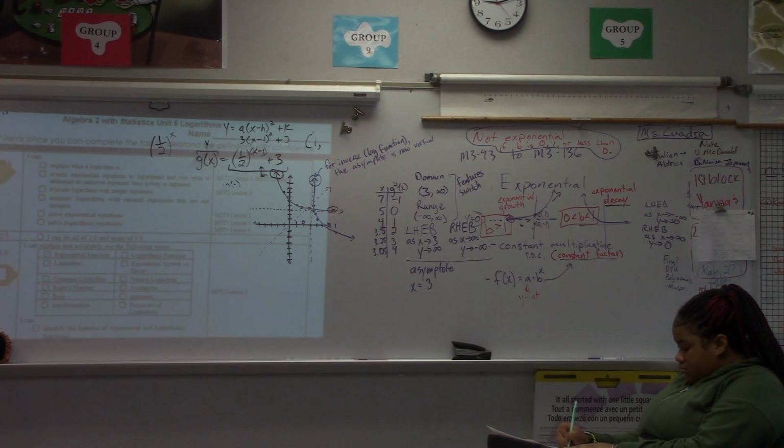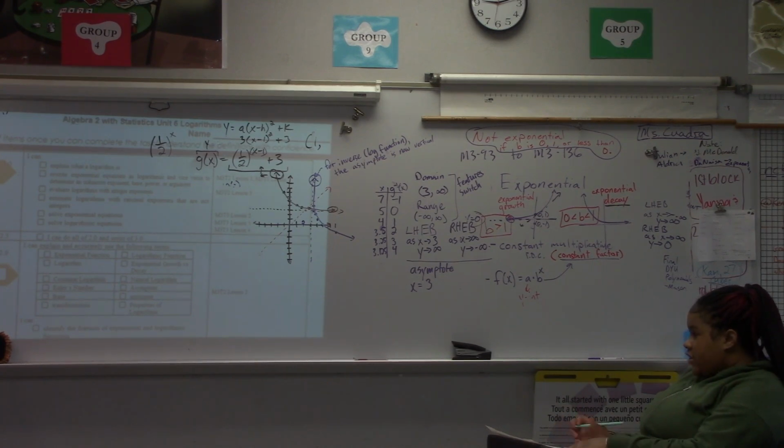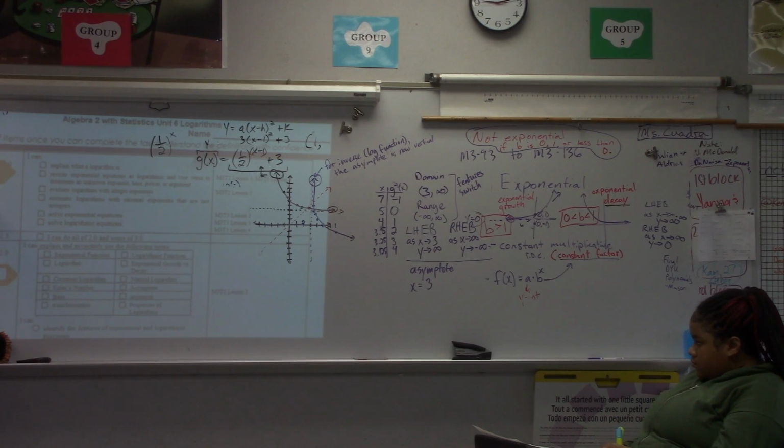So now we're looking at logarithms. Do we know what a logarithm is? It is the inverse of an exponential. There's something else I said at the beginning of class. It's an exponent, right? If I give you log base 2 of 8, the answer is 3.